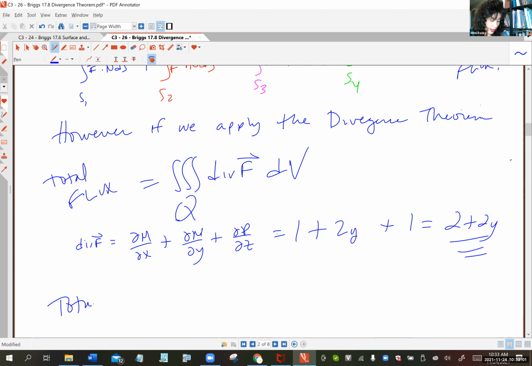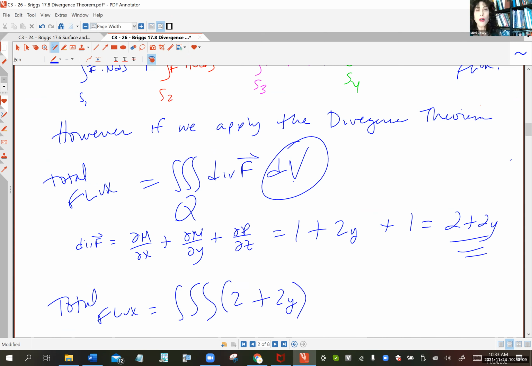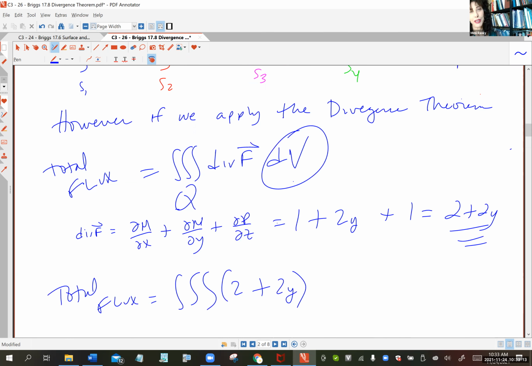So our total flux is going to be equal to the triple integral, and we're going to have 2 plus 2y here. And then this dV, the volume element, I'm going to just use my personal favorite order of integration here, dz, dy, dx, because that's nicer. And so what are those limits going to be for all three of these integrals?